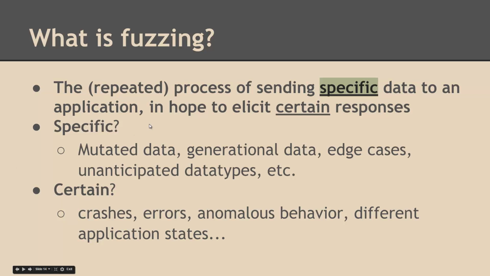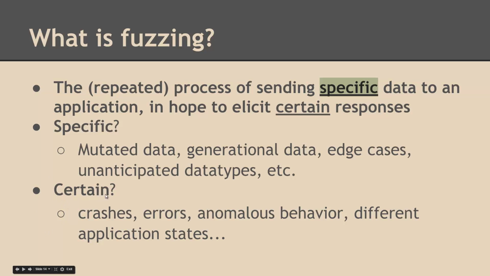Fuzzing, the definition, is the repeated process of sending specific data to the application in the hope to elicit certain responses. So most people define it as random testing. It's better done as specific. There are infinite ways to fuzz something wrong under the realm of purely random. Sending specific intelligent input to the application under test is the smarter way to do things.